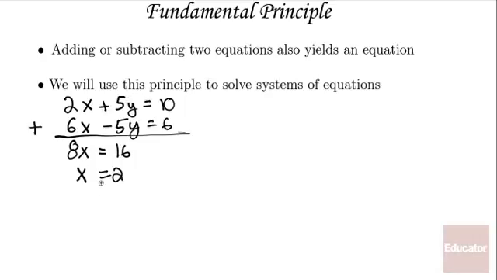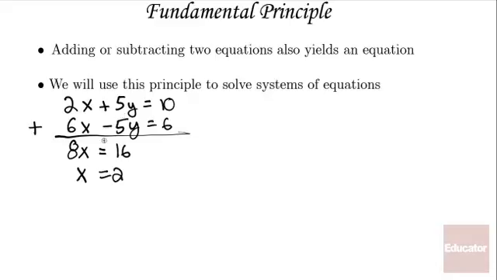What makes this work is when I added, one of the variables dropped out. What I ended up with is one equation with one unknown, with one variable, which I could then solve for. This is the ideal situation where the equations are already in such a form that when I add, one of the variables drops out.